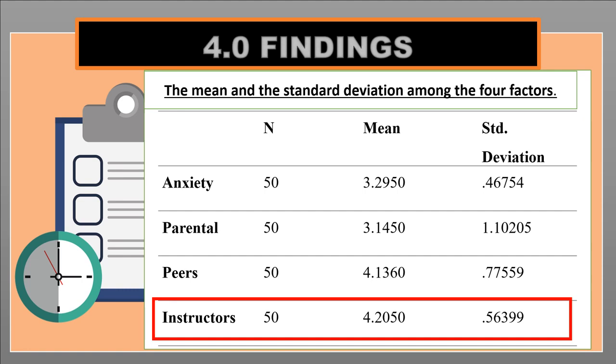Anxiety and peer factors have mean scores of 3.30 and 4.14 respectively. Again, from here, it can be said that instructor's influence is actually the main factor which influences student speaking proficiency.